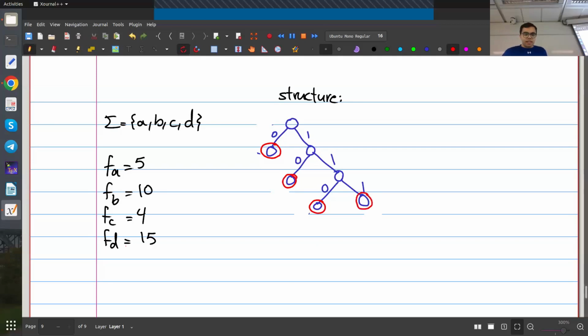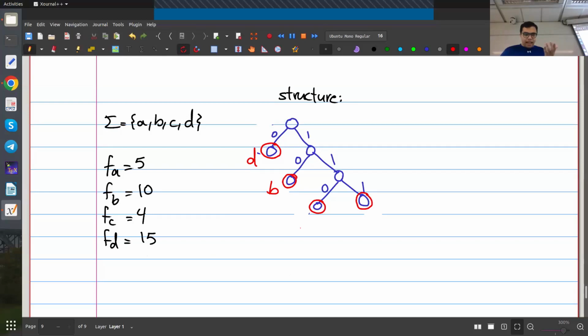This one will also need 3 bits. So I prefer the letter with the maximum frequency to have the shortest possible code, right? So I would put D here because D is going to appear 15 times, and I prefer to just write 1 bit every time that D appears. Now, among the rest, the maximum frequency is B, so I prefer that B appears here.